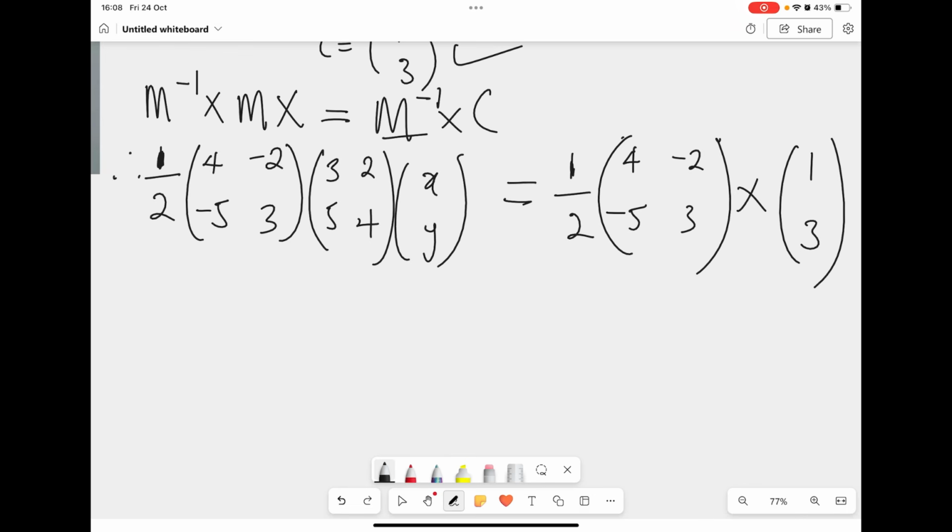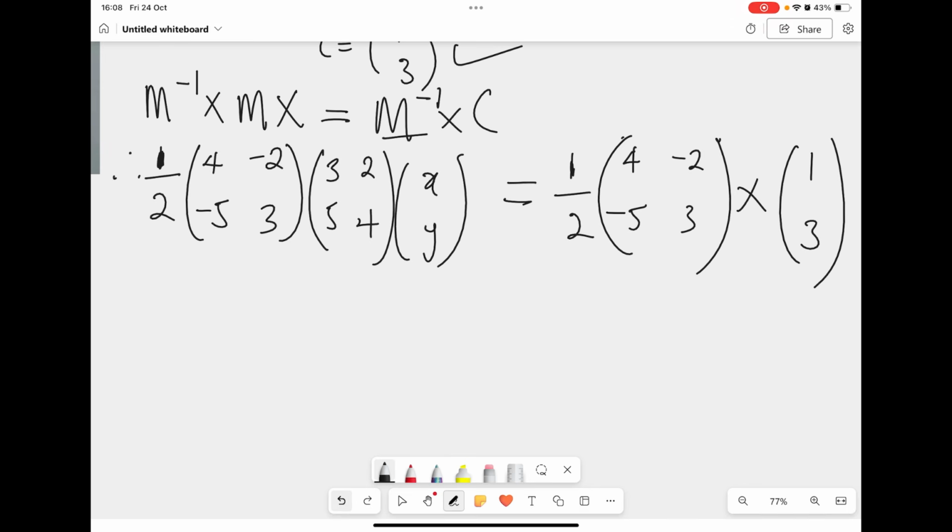What we're going to do now is multiply this matrix, then we'll multiply this matrix as well. So let's do that real quick. It's not a new thing, so we're not going to waste time.